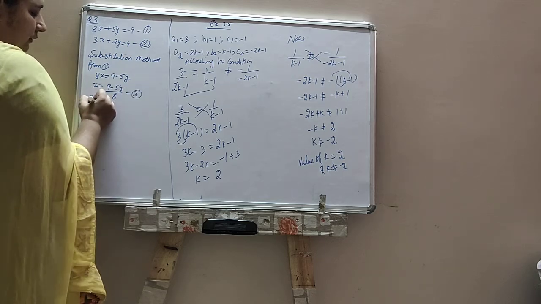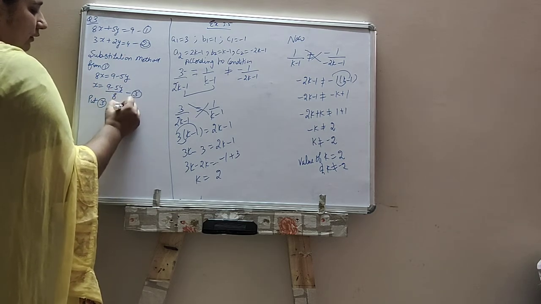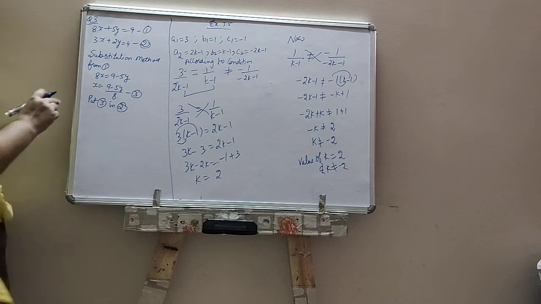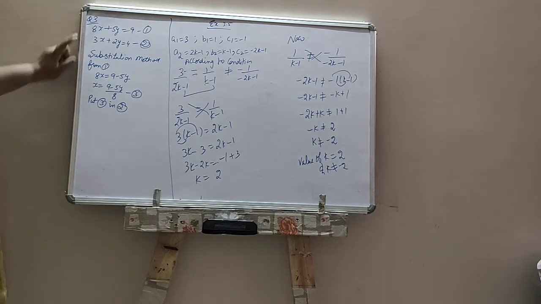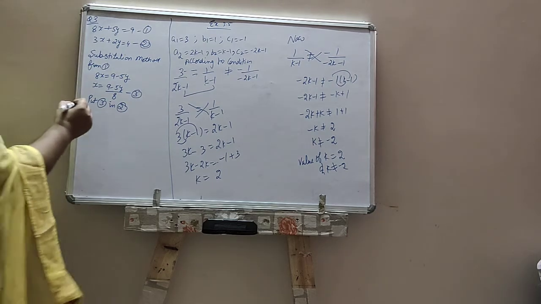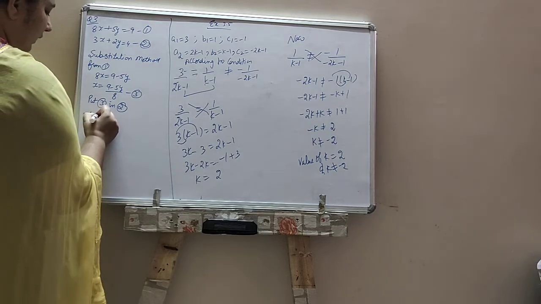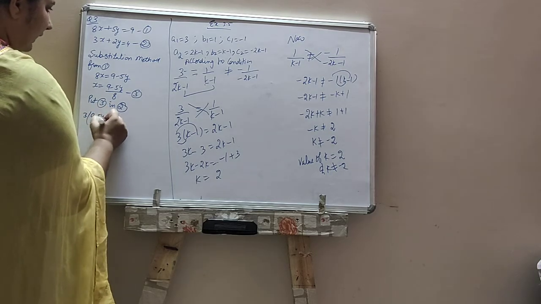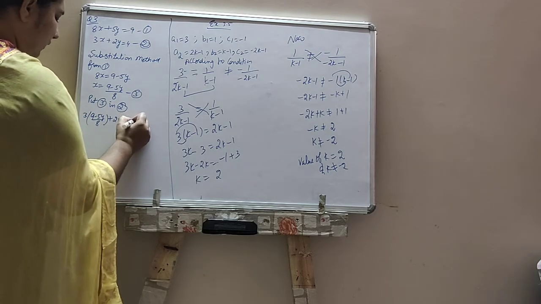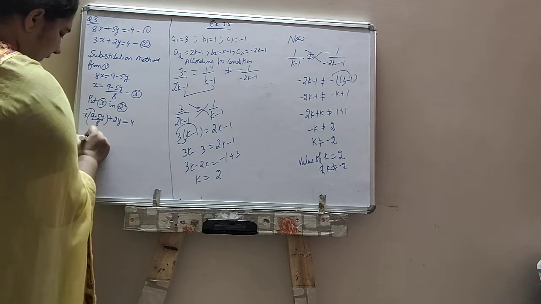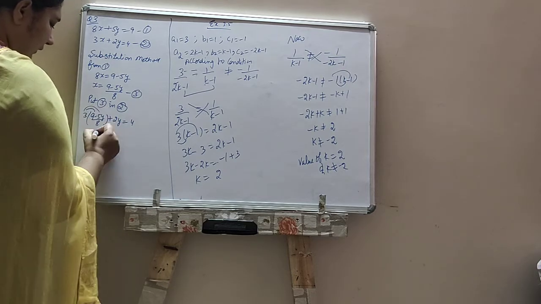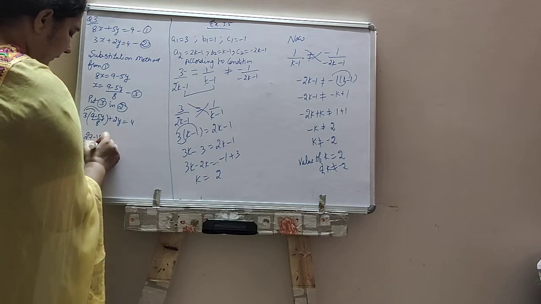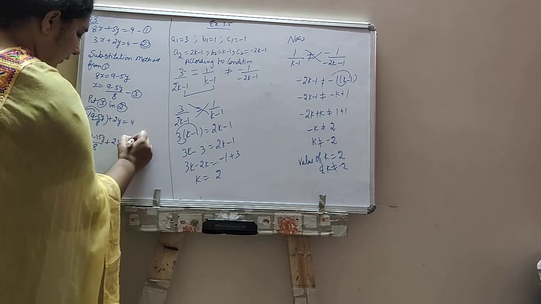Put 3 in 2. We found the value from 1, so now we will put it in 2. So 3 into 9 minus 5y by 8 plus 2y equals 4. It is 27 minus 15y by 8 plus 2y equals 4.